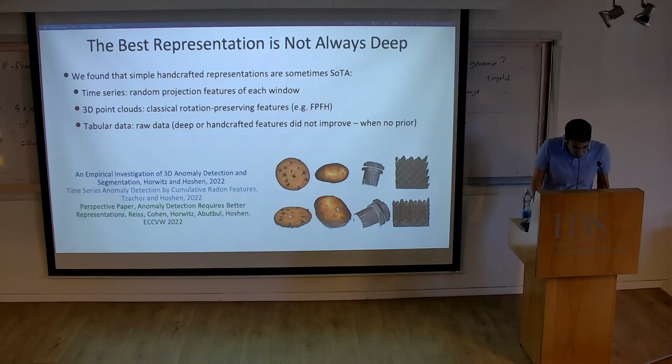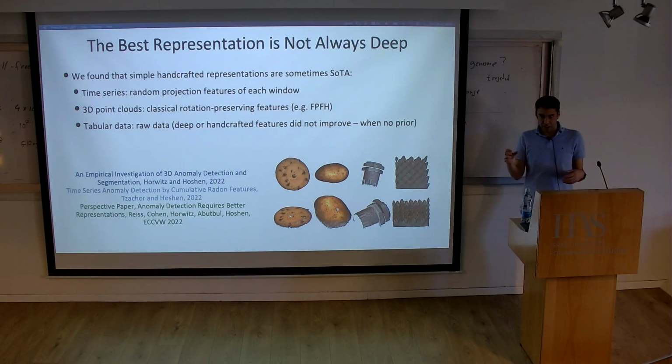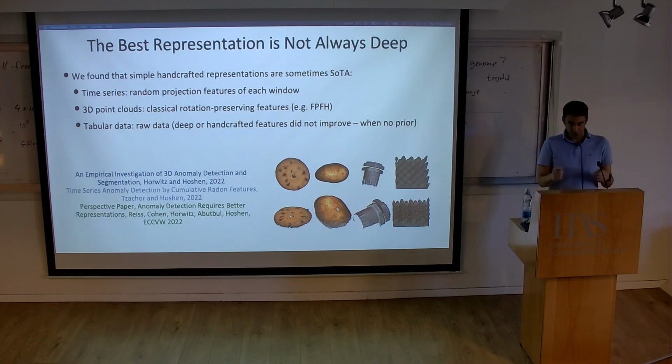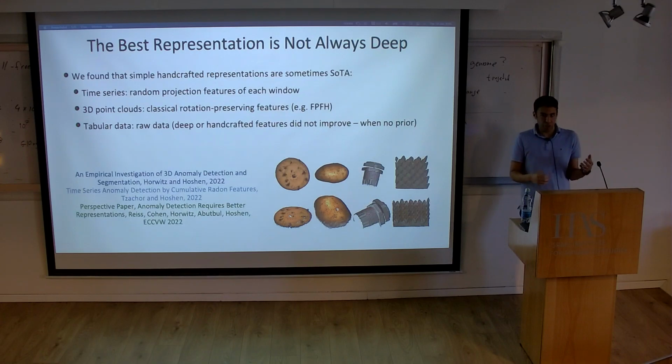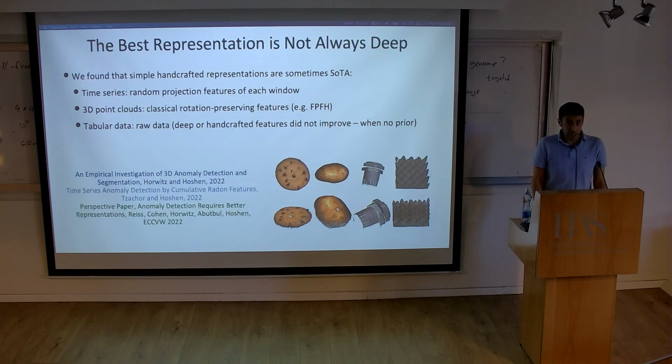The final one is tabular data, which is quite common, I think, in many of the fields that people in the audience are working in, which basically consists just of sets of categories and numbers, and the fields are not necessarily ordered in any important ways. There's not necessarily known symmetries between them and so on. And in that case, we've found that typically there's no representation that's a priori better than just taking the raw data and doing k-nearest neighbors on it.